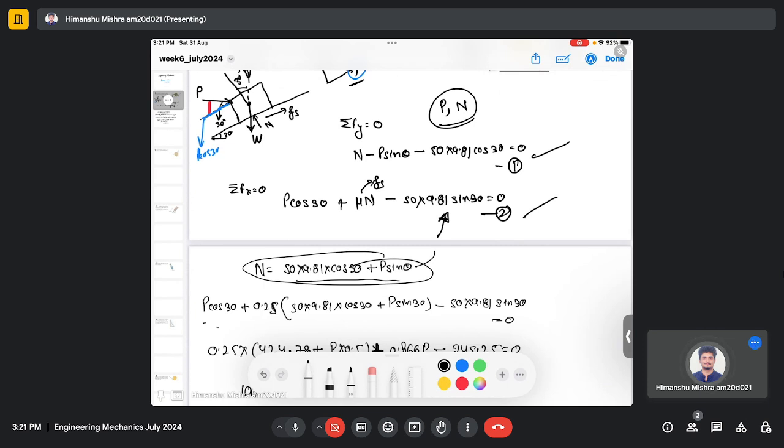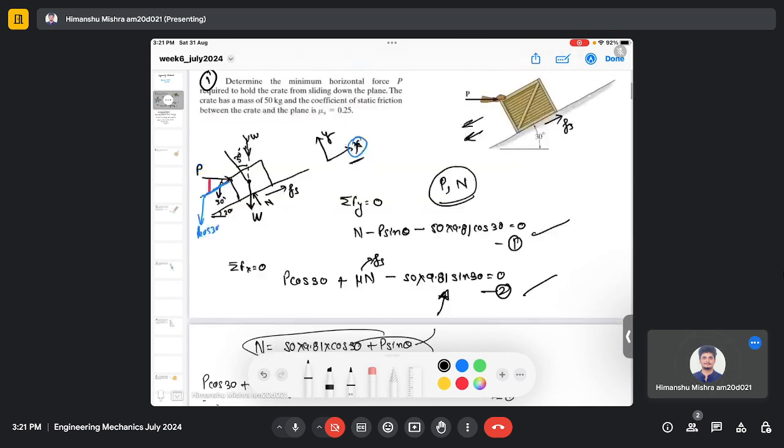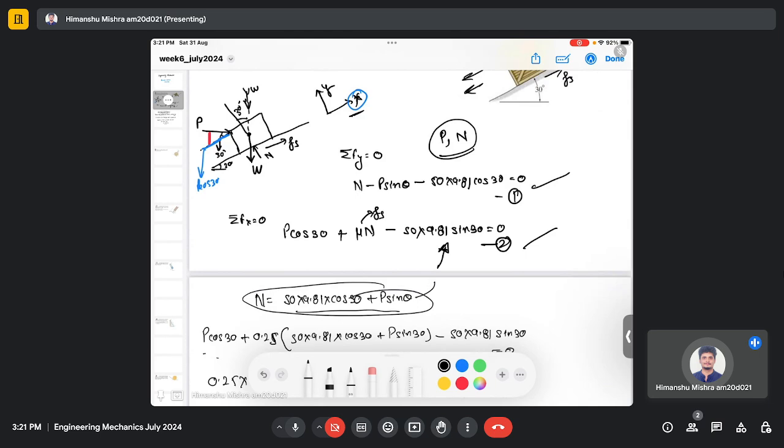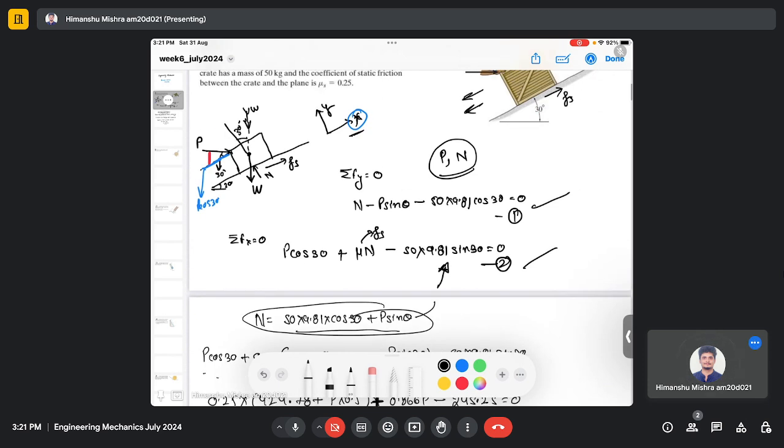So you can see that the problem is very similar to what we have solved in week 1 and week 2, especially in week 2 and in week 3 when we were solving problems for trusses. The only little difference is that in the free body diagram we have a friction force now, which has appeared, and we need to consider this friction force while resolving the equations in x and y direction.